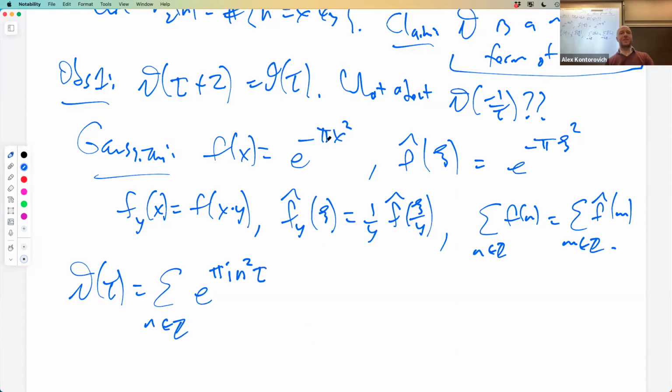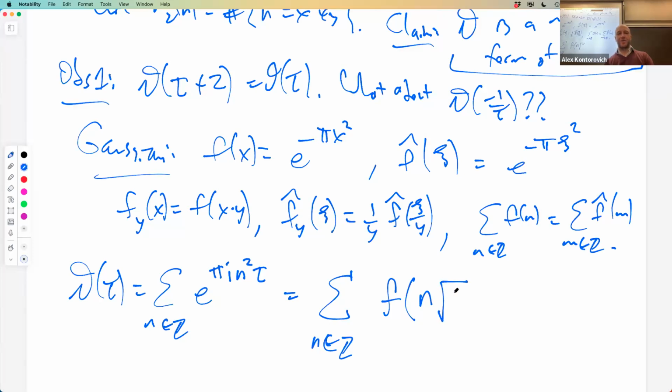It's not e to the minus pi n squared, but rather this is a sum over the integers of the Gaussian f, not of n, but of n times root tau, and I want an i instead of a minus sign.